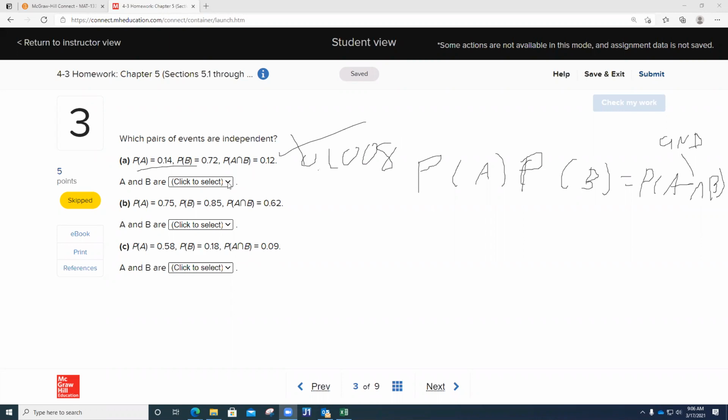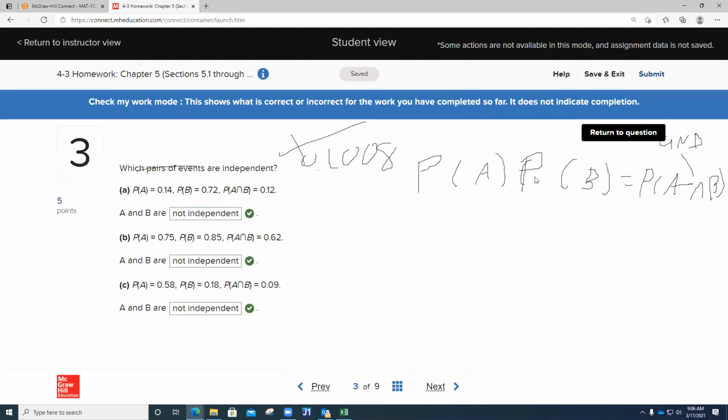So therefore, these are not independent. All right, so 0.75 times 0.85 equals 0.6375. So this one also is not independent. And then 0.58 times 0.18 equals, so that one is also not independent.